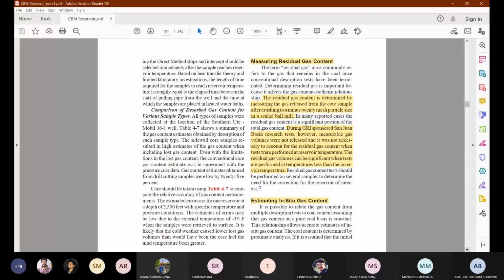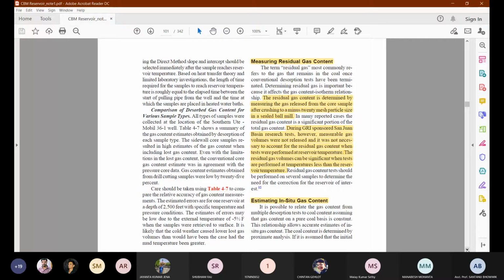And again, this critical desorption pressure is fixed for any reservoir, but depending on whether the reservoir is saturated or partially saturated, this desorption pressure will give you gas production, or it may not give you any gas production. So the moment you take out the water from a reservoir, suppose that it was totally saturated with gas at the reservoir temperature and pressure condition.